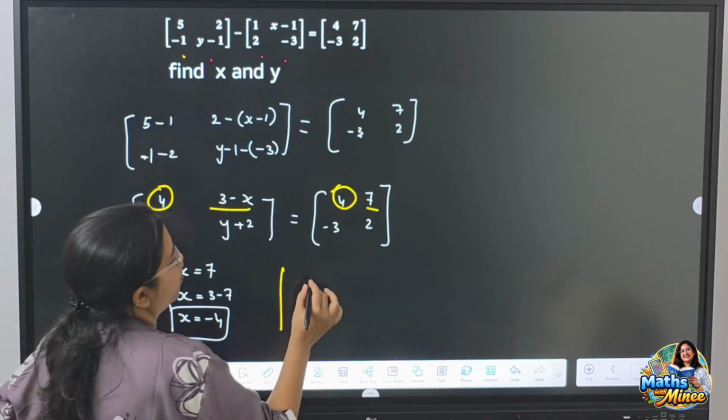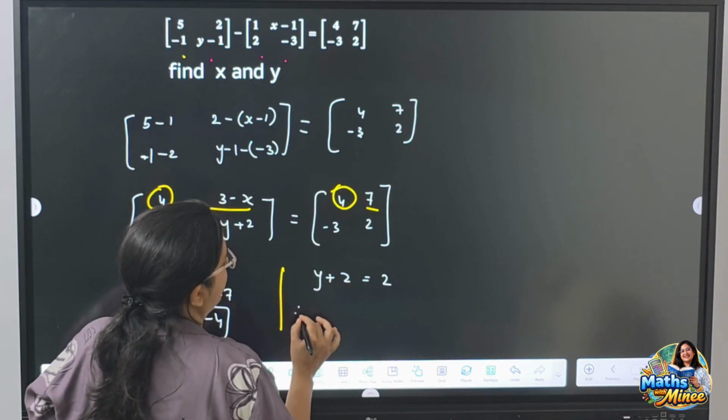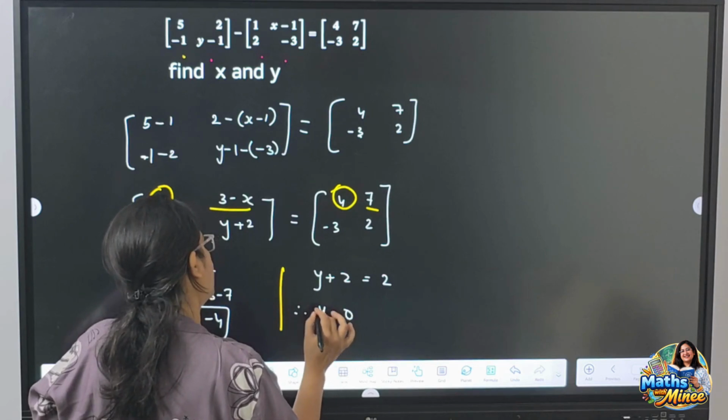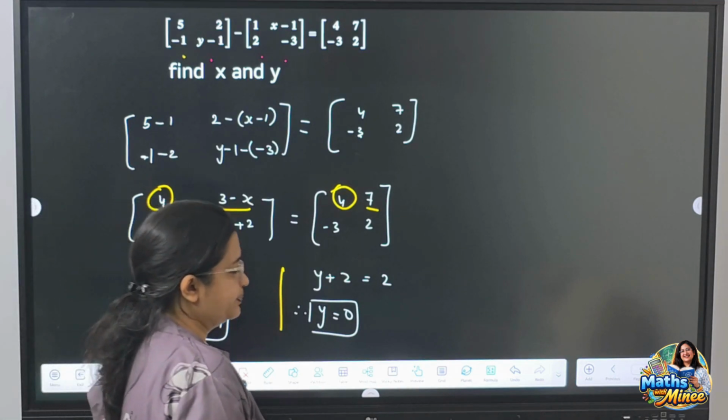Similarly, y plus 2 is equal to 2. Therefore, y is equal to 0. So this is the value of x and y. So I hope it is clear.